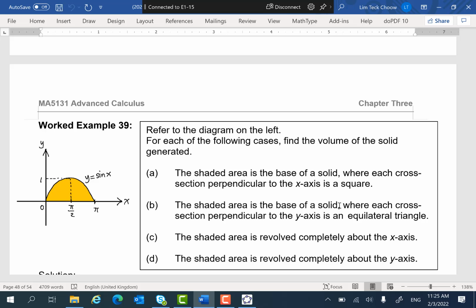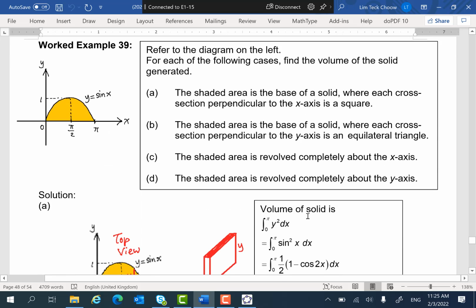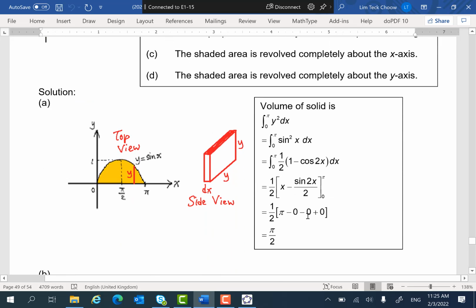And then because y is actually what? Sine x. So this becomes like this. So the volume, if you do it correctly, becomes like this. Class, this is the working.